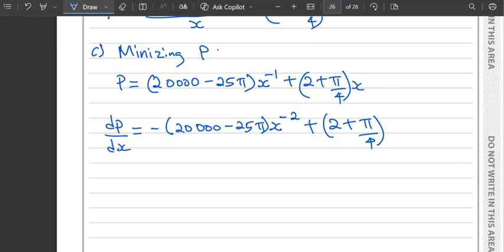Now, what are we supposed to do further? Definitely we can equate this one to 0. So what are we supposed to do? We can take this one to the other side of the equal sign, so that what we are going to have here is simply 20,000 minus 25 pi everything over x squared should be equal to 2 plus pi over 4.